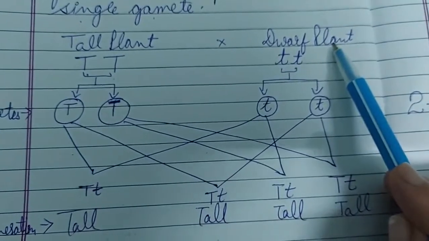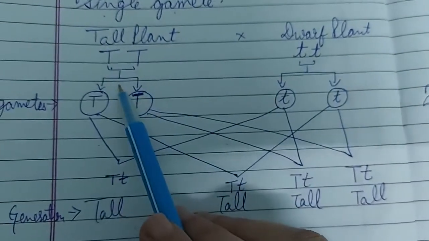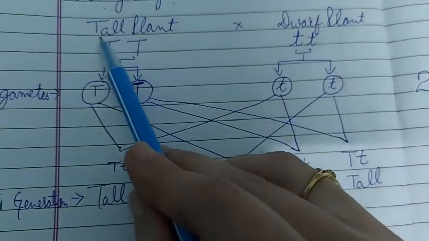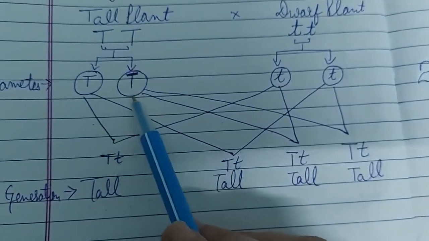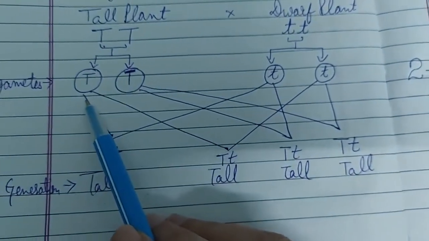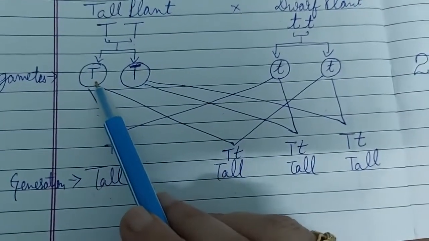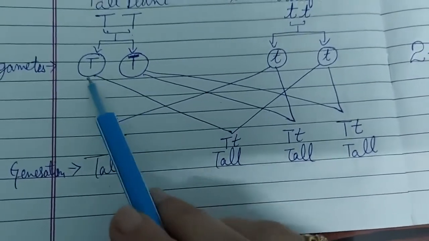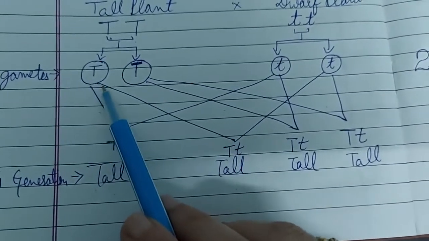And there is a dwarf plant, small t and small t. When there is gamete formation, the pair will divide in two parts and every part contains one gene. The pair of genes will divide and there are two gametes, and each gamete has one factor.